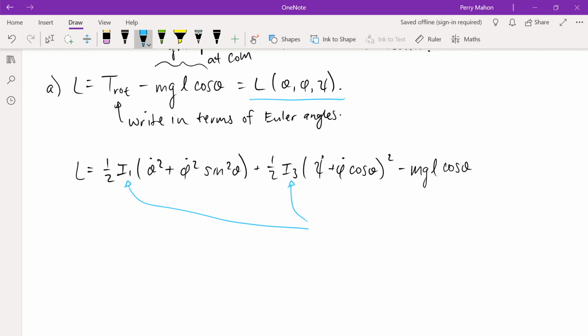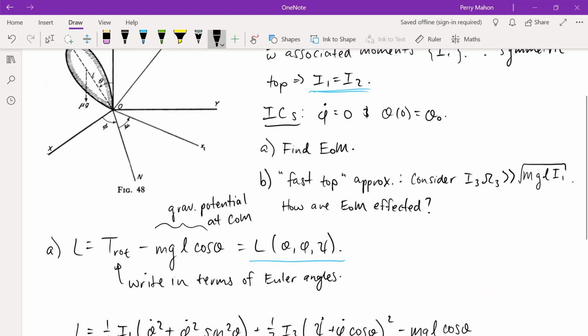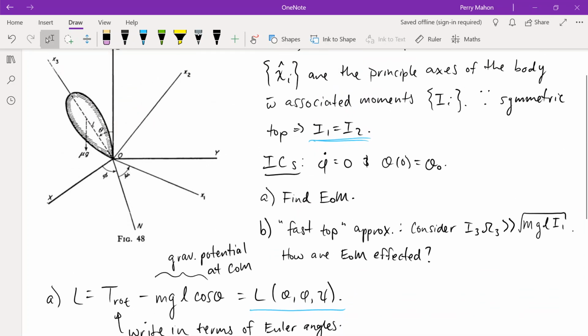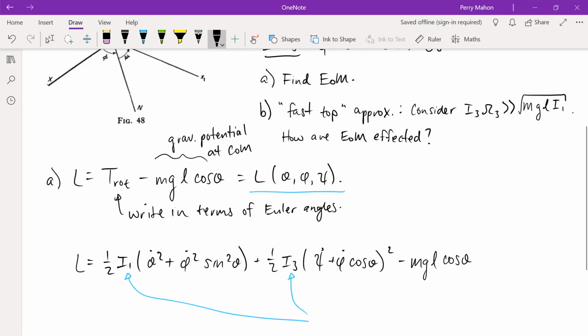Now, one important thing to notice is that these moments of inertia are in this particular basis. These are the moments of inertia in the basis x1, x2, x3 given above.